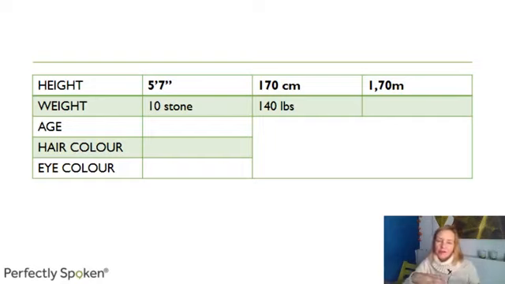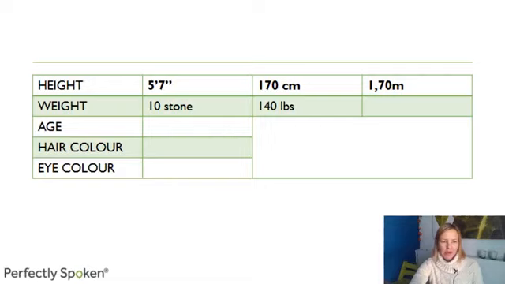So in British English, we still talk in stone, although a lot of people now also talk about kilograms, okay? And notice we say 10 stone, not 10 stones. And what is a stone? Here, I have one here, look. This is a stone. It's a heavy stone. Can you see that?